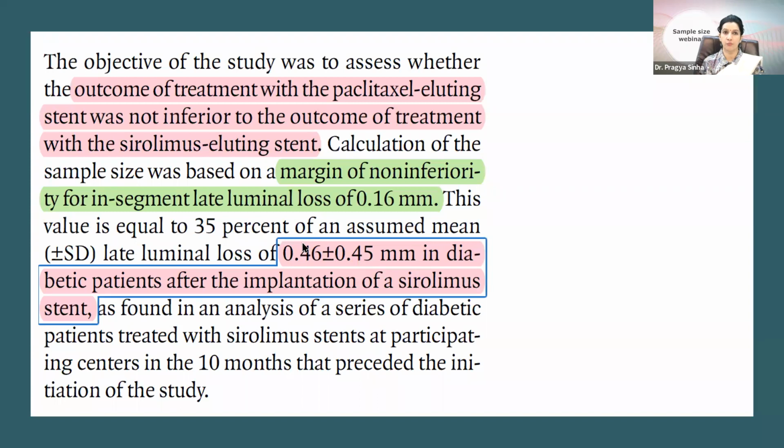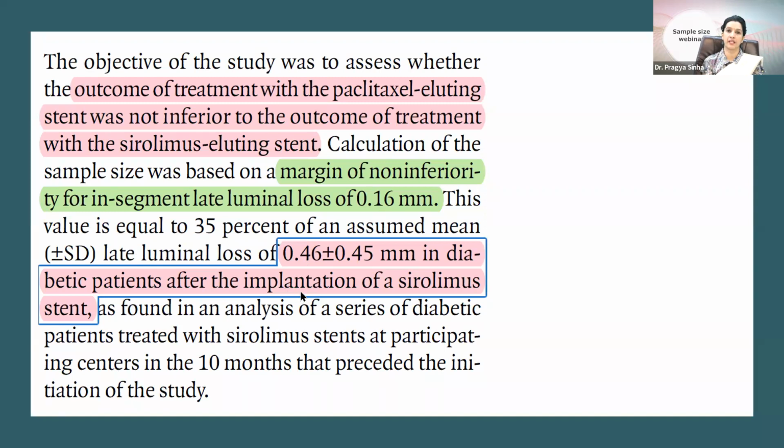So what is this 0.46? Basically this 0.46 luminal loss will be there with the paclitaxel also, and with sirolimus also. And this person has assumed that maybe paclitaxel will also have the same 0.46, but even if it causes a luminal loss of 0.16 more than this, then also it will be acceptable.